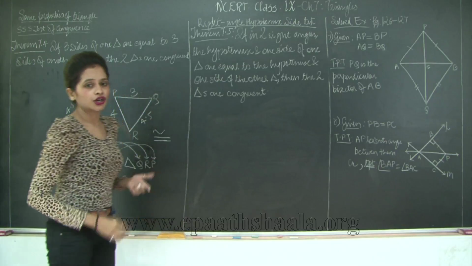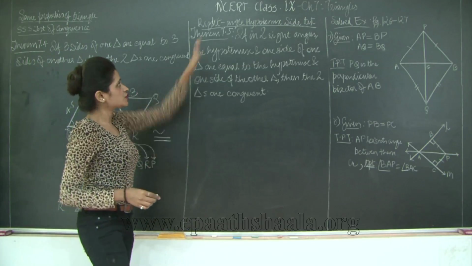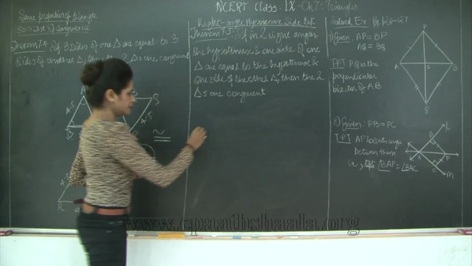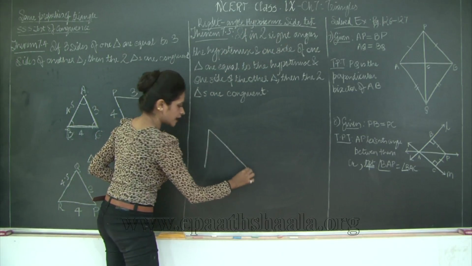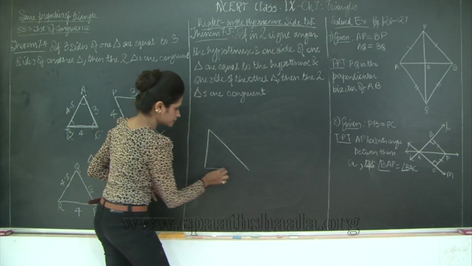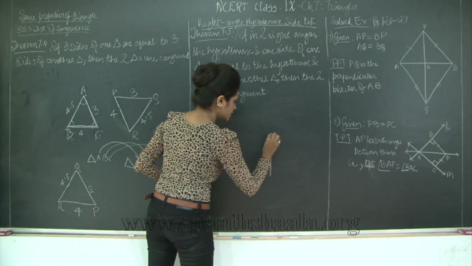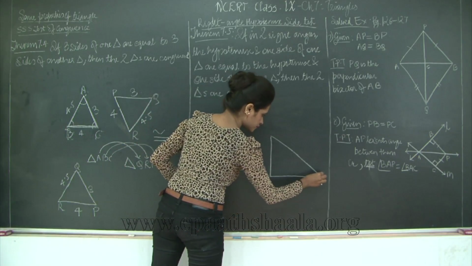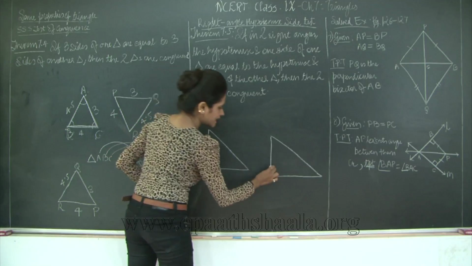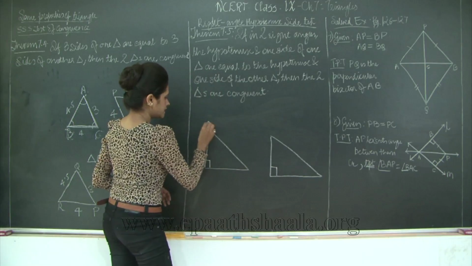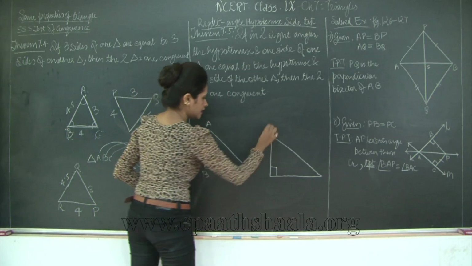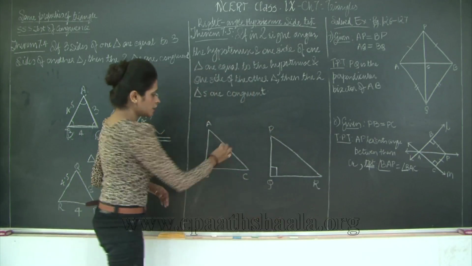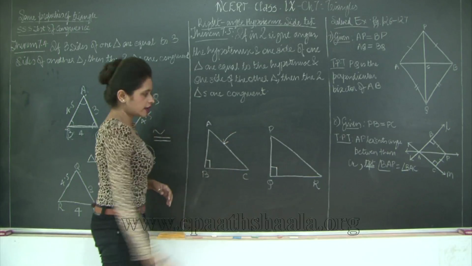Now let's move on to another property, which is also known as the right angle hypotenuse side test. We'll take a look at the theorem statement later. If I have two right angle triangles, let's say ABC and PQR, do we know what this side is known as?